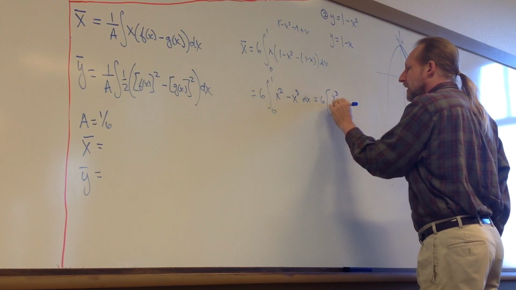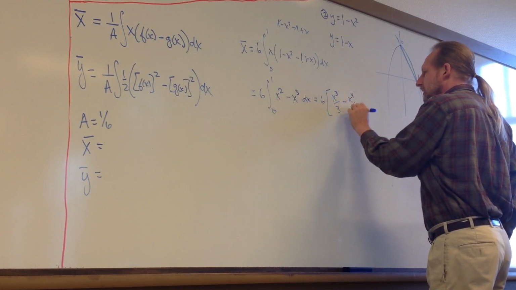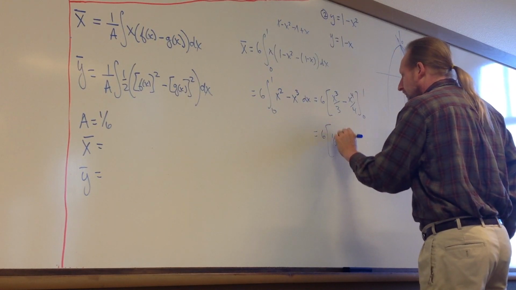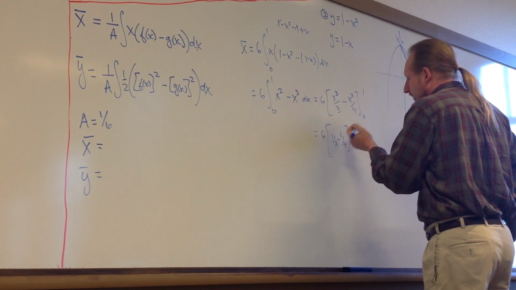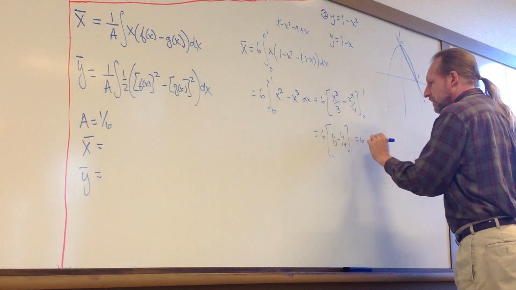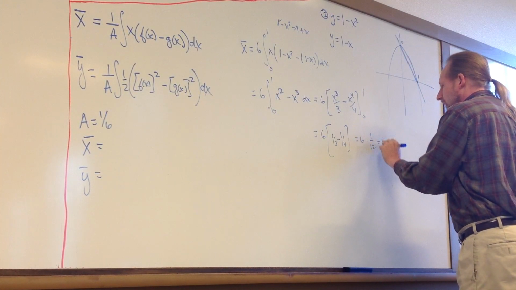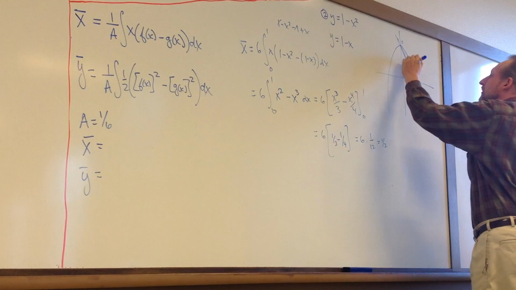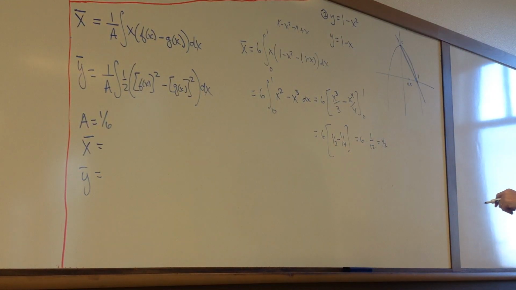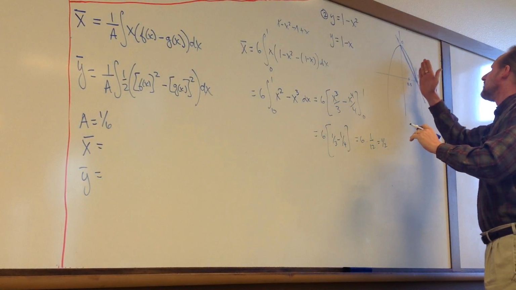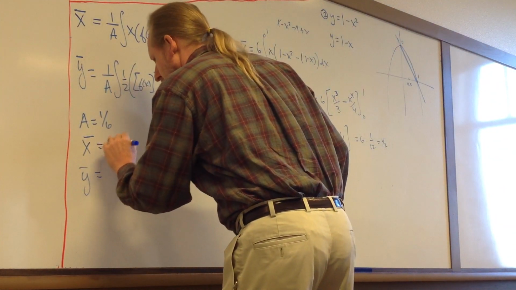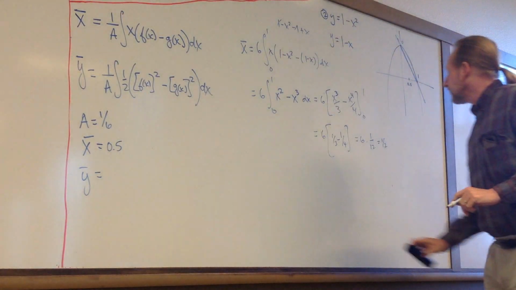And now we can integrate x cubed over 3 minus x to the fourth over 4 from 0 to 1. A third minus a fourth, and then minus 0. So this is going to be 6 times the 12th, and so x bar should be 0.5. So this is exactly halfway between those endpoints on the x coordinate. And I guess that makes sense. It seems like the area is pretty evenly split between those two halves. So x bar is 0.5.